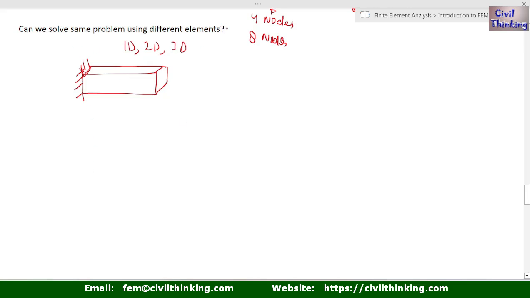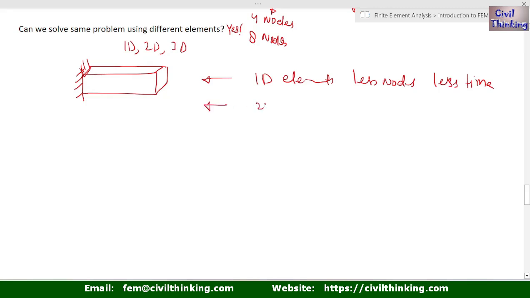The simple answer is yes. But what is going to happen if you use 1D analysis? If you use 1D elements, you will have fewer nodes, right? So it will take less time to solve this problem.